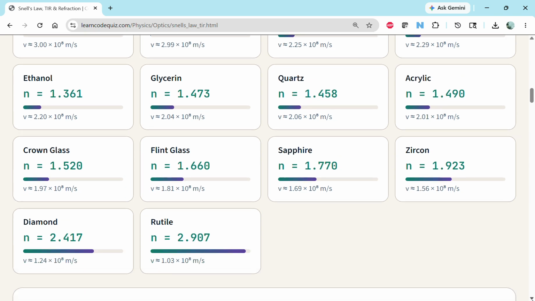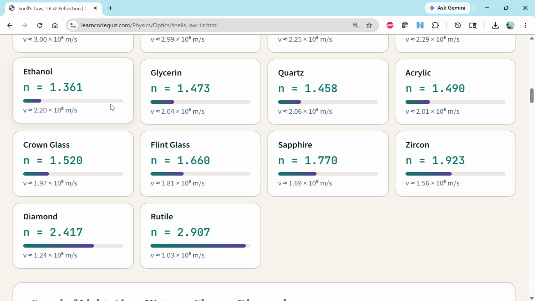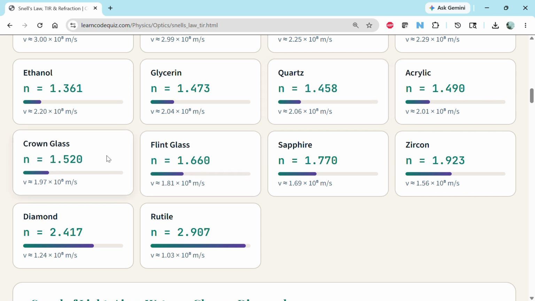Now, these are the different refractive indices for different media, and you can see from ethanol to glycerine to quartz to glass, flint glass, sapphire, diamond, rutile, it's all going up, right?